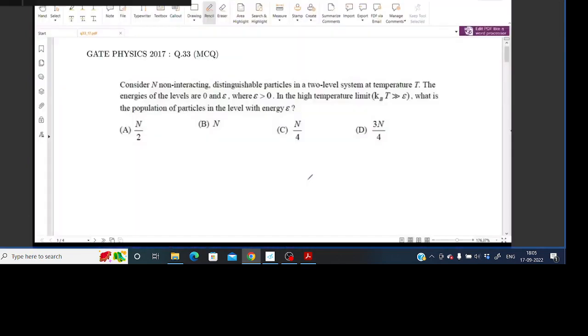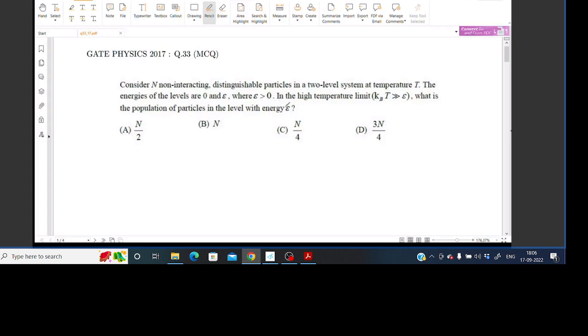Hello everyone. In this video, I shall discuss the solution of question number 33 of GATE Physics 2017. This is a multiple choice question. Consider n non-interacting distinguishable particles in a two-level system at temperature T. The energies of the levels are 0 and epsilon, where epsilon is greater than 0.